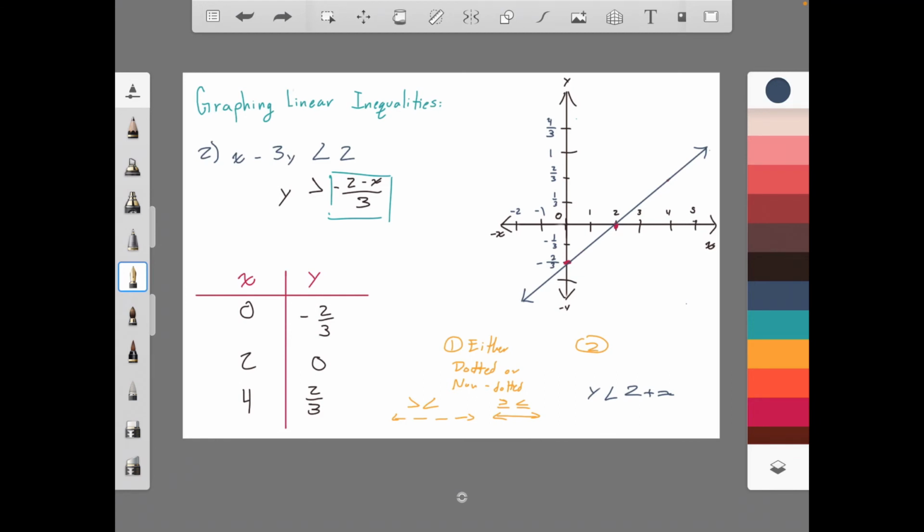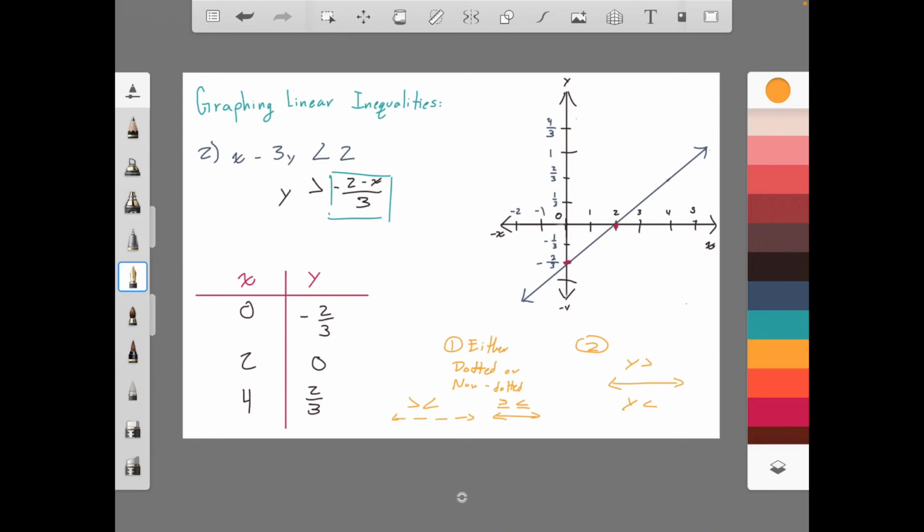So since in this case, wait, let me grab this for a second. Over here it will be y is greater than and y is less than.